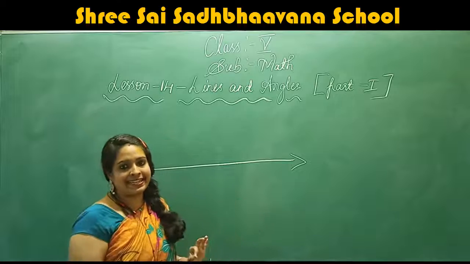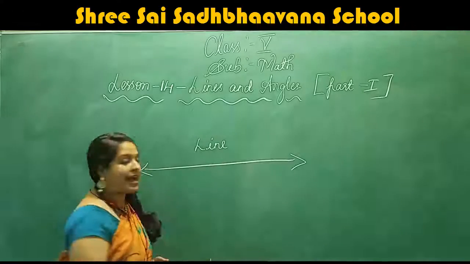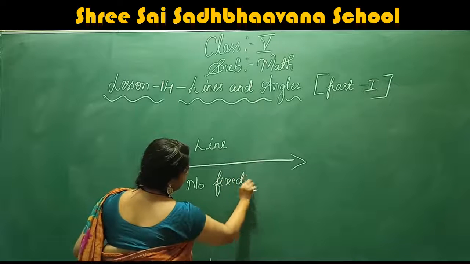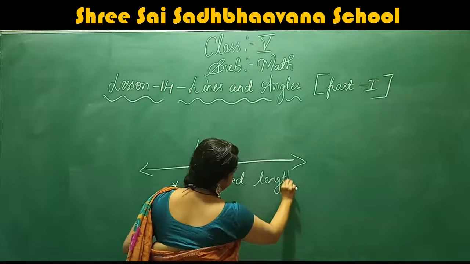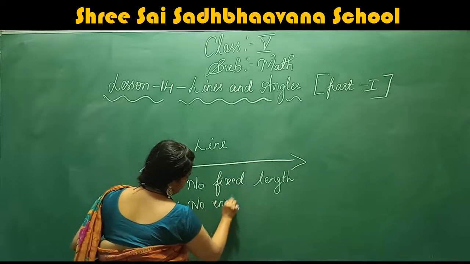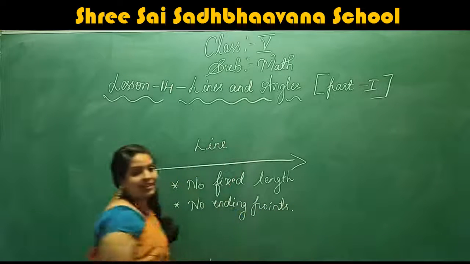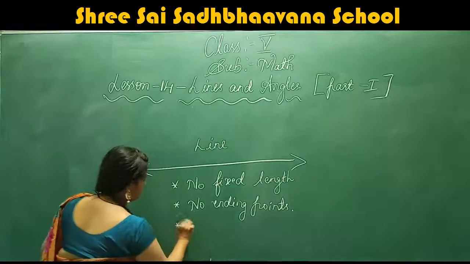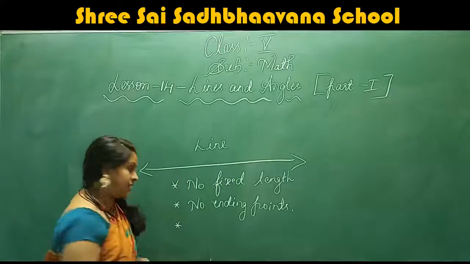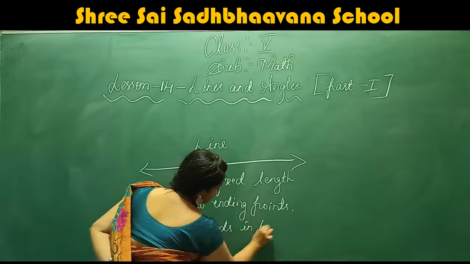The next thing is line segment. So this is the line where we understood that there is no fixed length and no ending point. It extends in both directions.